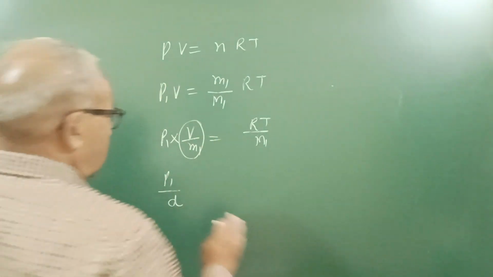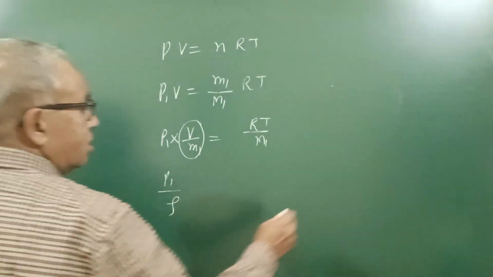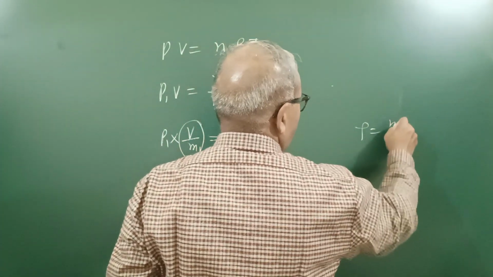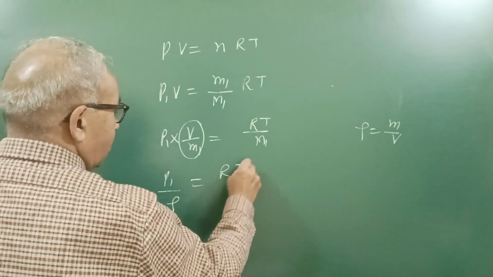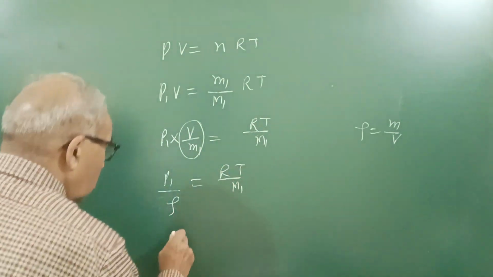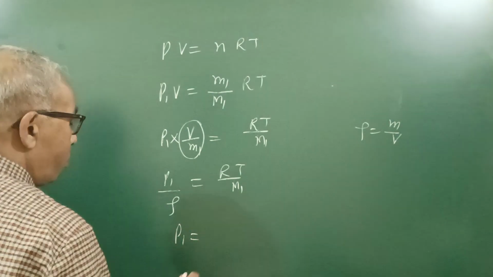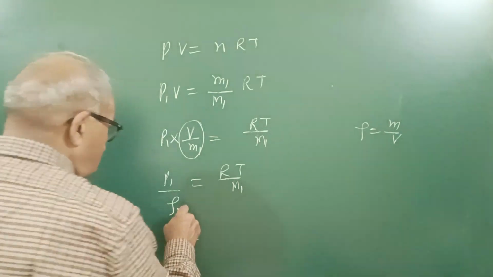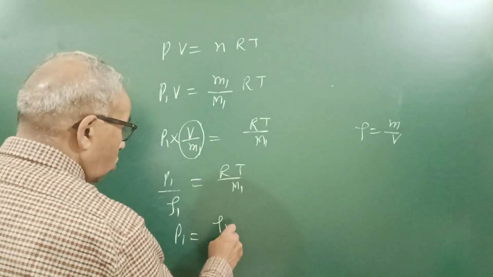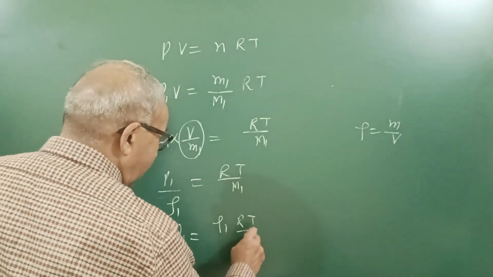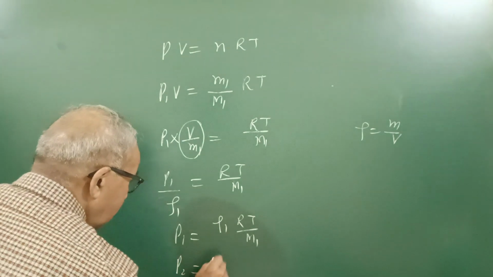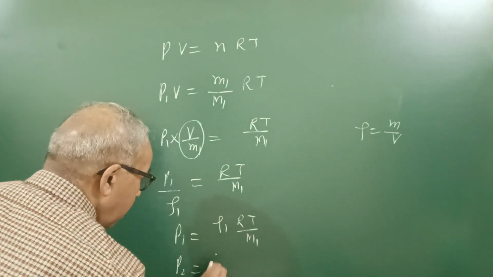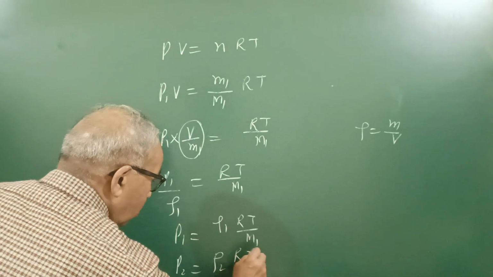Rho, sorry, I write rho here. Density rho equals mass upon volume, which equals P M upon RT. So P1 is equal to rho 1 RT upon M1, and P2 is similarly rho 2 RT upon M2.